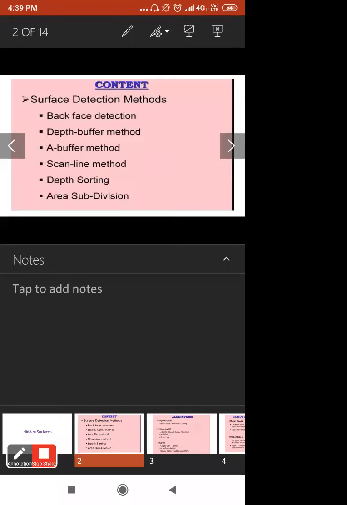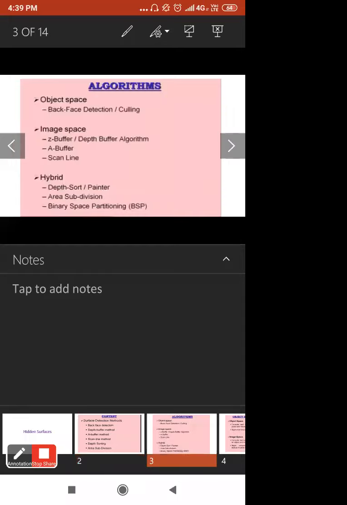Today we are going to see the A buffer, which is also called Painter's algorithm. Area subdivision is nothing but Warnock's algorithm, and the depth buffer is nothing but the Z buffer. So these three methods of backface removal algorithms we are going to see.